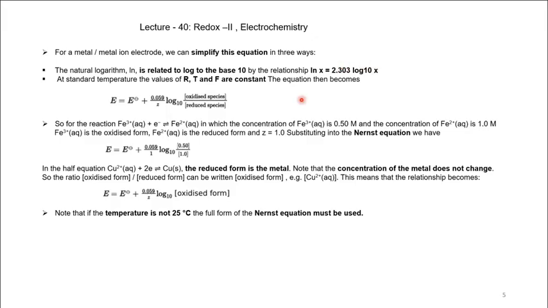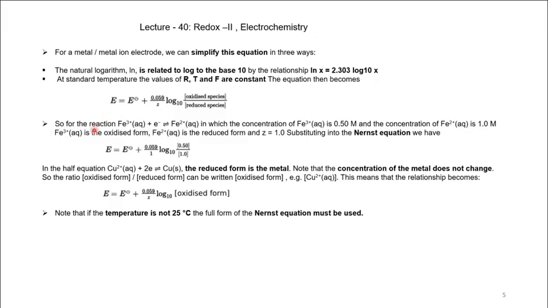We know this. The values R, T, and F are constant. So the equation becomes E is equal to E naught minus 0.059 over Z times log base 10 of the ratio of the concentration of oxidized species to reduced species.